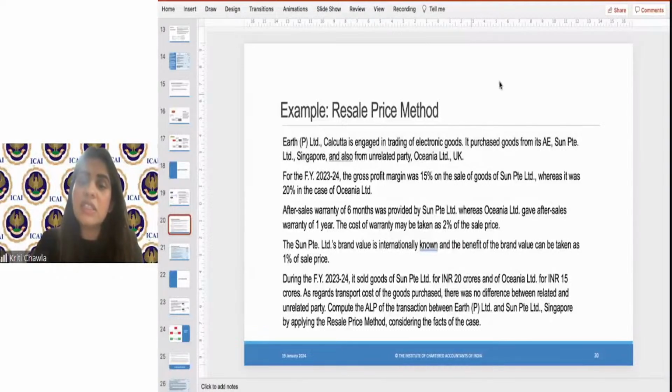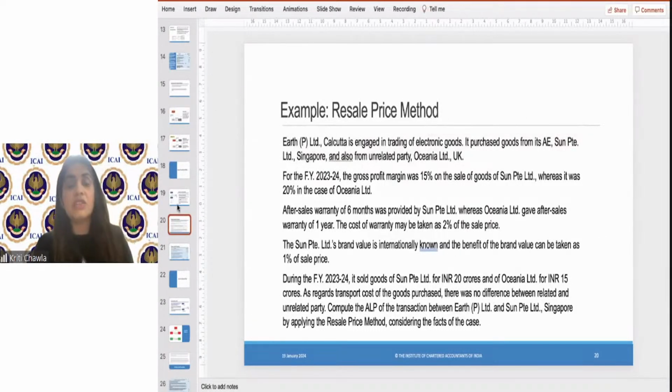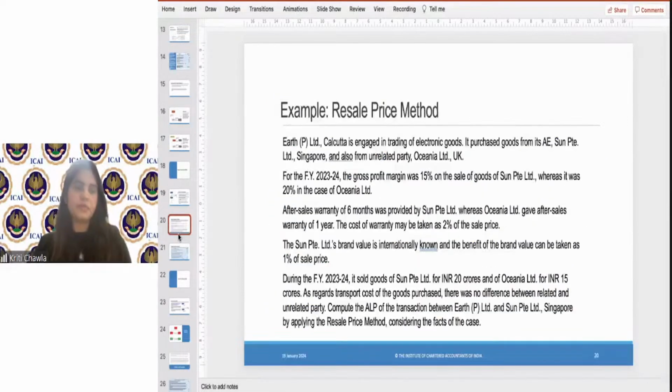So Earth and Sun Pte are related to each other, and they are procuring their goods from Sun, their related party. But Earth is also getting some goods from another non-related party.